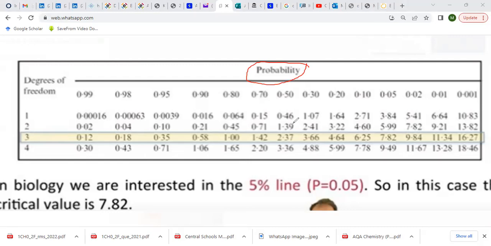The phenotypic ratio in this dihybrid cross must be 9:3:1. Correct? This is your null hypothesis. Now, if your data is actually matching with your expected results, then it means your hypothesis is correct.